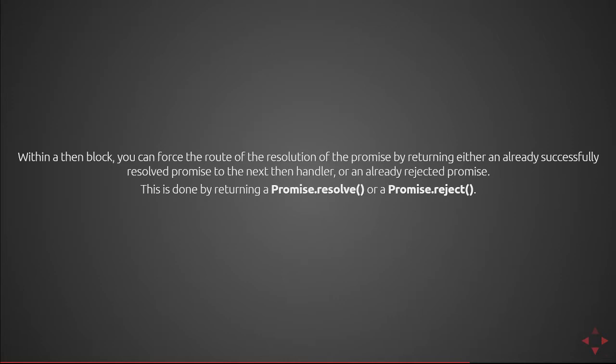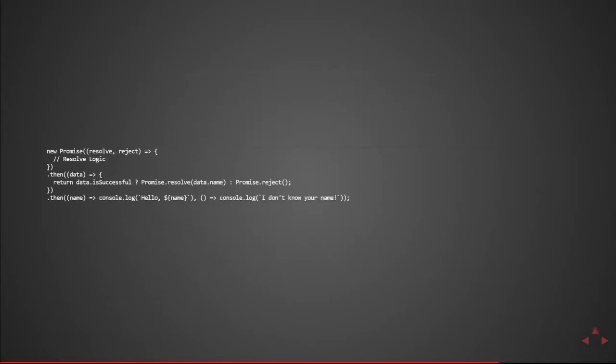These are static functions on the Promise object. So here's an example where we check the isSuccessful property on the data response and resolve the name or reject if the call wasn't successful. In the case of it being successful, we log hello name, and in the case of it being an error, we say I don't know your name.